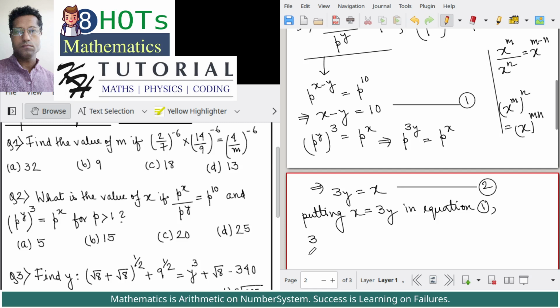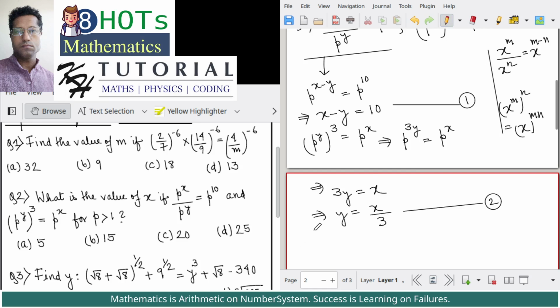It is asking to find the value of x, so I think it's better we substitute y in terms of x. We have 3y is equal to x. This implies y is equal to x by 3. Let this result be 2.